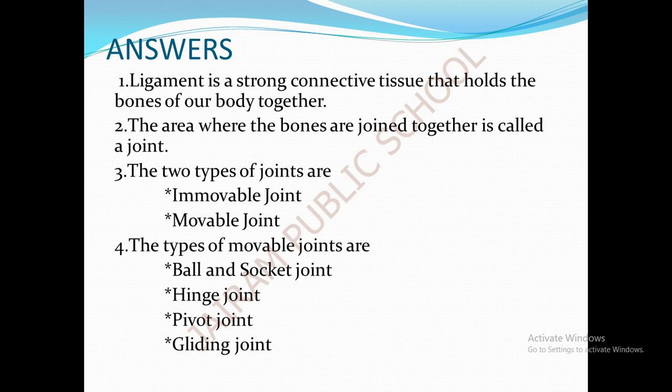The third one is, the two types of joint are immovable joint and movable joint. And the fourth answer is, the types of movable joints are the ball and socket joint, hinge joint, pivot joint and the gliding joint.